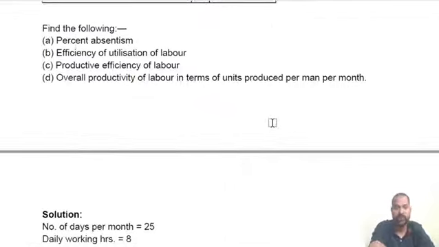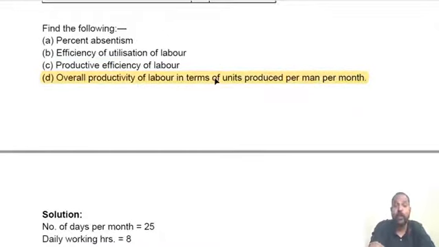What are they asking you? Number 1, what is the percentage of absentees? Number 2, efficiency of utilization of labor. Number C, productive efficiency of labor. And D, overall productivity of labor in terms of units produced per month per man. So this is very clear. You know what they want?